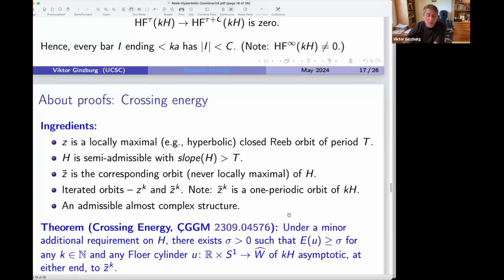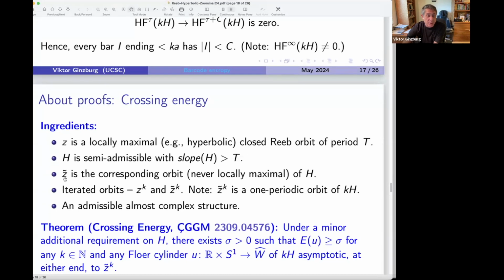And for Reeb flows, the situation is much more complicated. So let's go through the result in detail. We start with a locally maximal orbit of a Reeb flow. It has period T. We take a semi-admissible Hamiltonian with the slope greater than that period.